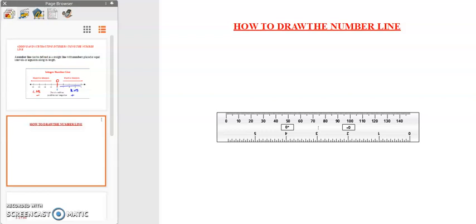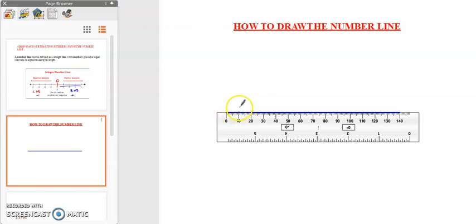If you get a number line to draw in class, then you shouldn't have a problem. I'm going to first draw a straight line. It's stated that the numbers are equal distances apart.